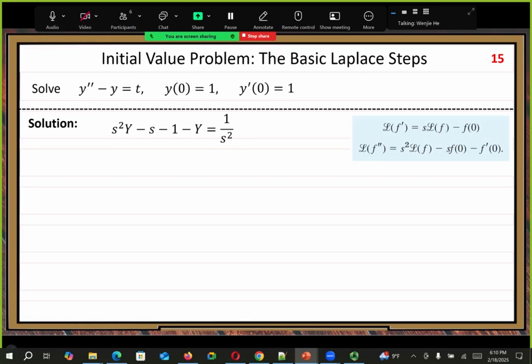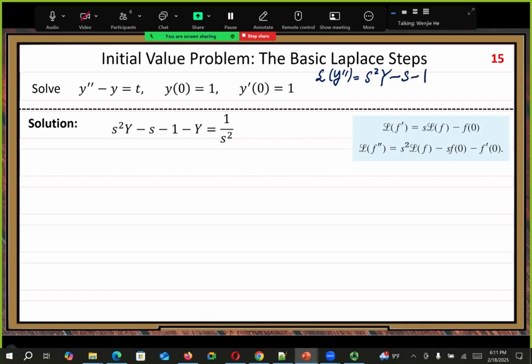All right. So the L of y double prime, based on the second formula, is S squared capital Y, where capital Y is L of little y, minus S y0, that is S, minus y prime 0, that is 1.